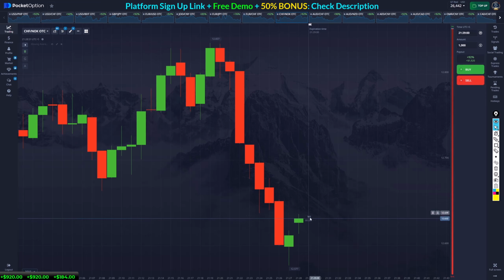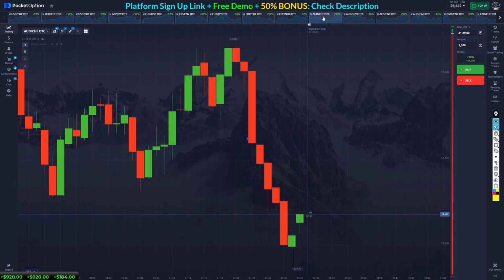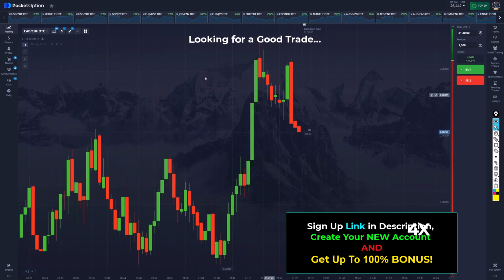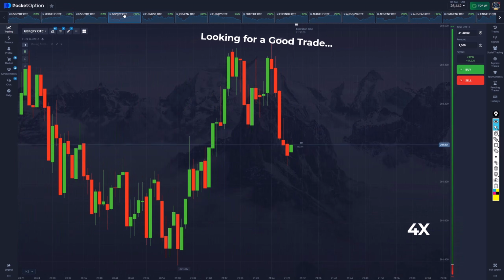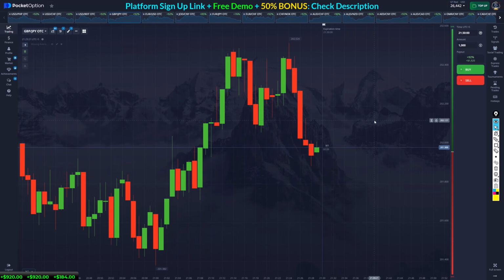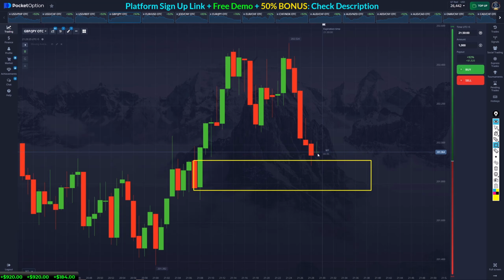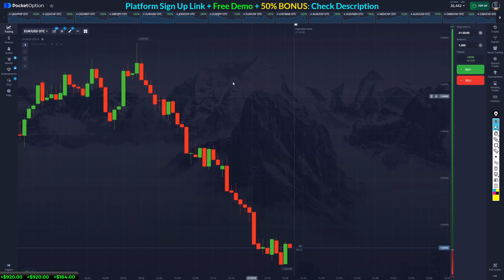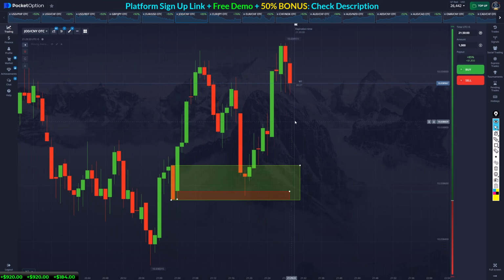I don't know. There's no setup. I'm not going to take it. No, this is on the demand area. That's why this gap up might not work. This is another bad opportunity, like bad trade. If I was taking it, I'm not taking that.